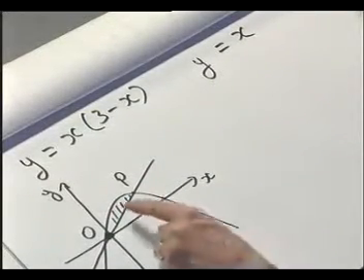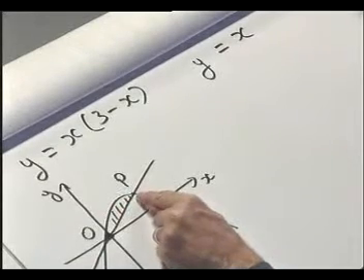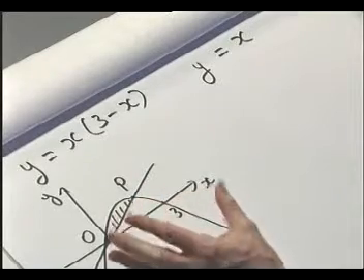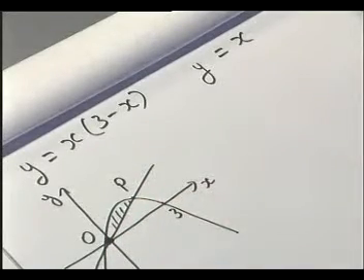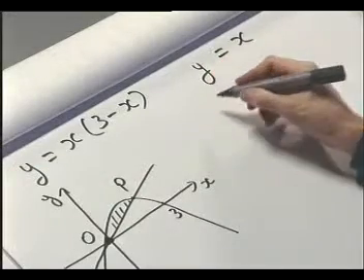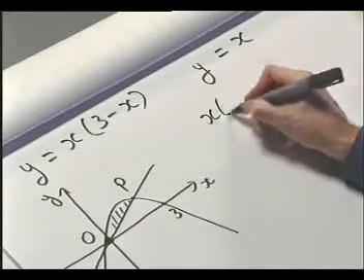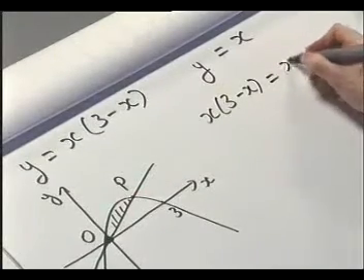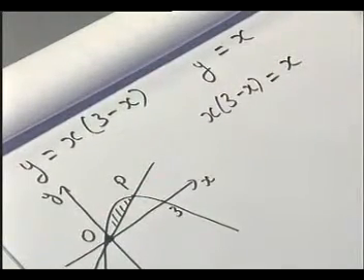Well, before I can find that area, I really need to know what's this point P. Where do these 2 curves cross? Well, they will cross when their y values are equal. So they will intersect or meet when x times by 3 minus x is equal to x.